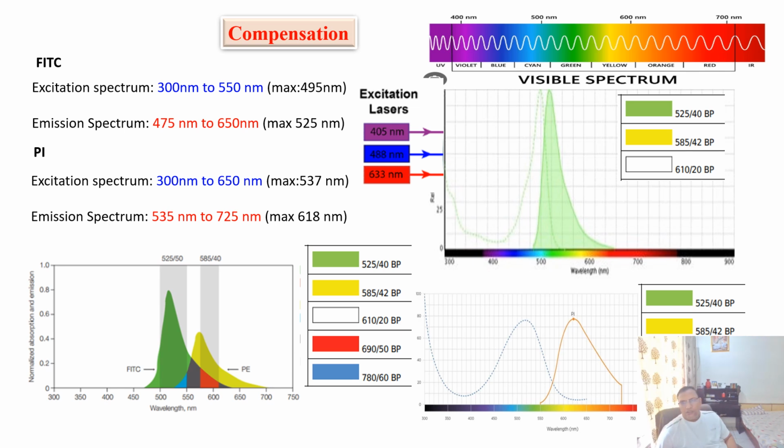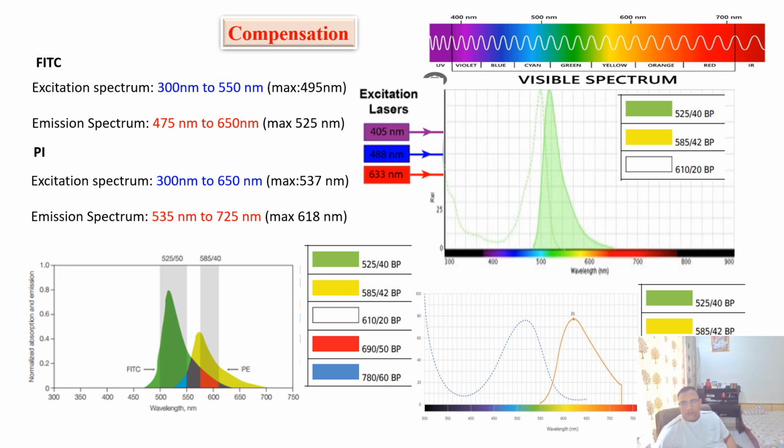So this is the excitation wavelength and the emission wavelength. We will focus on the emissions, because both fluorophores can be excited by the 488 nanometer laser due to their excitation peak.